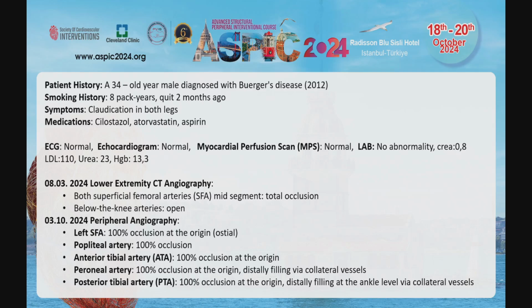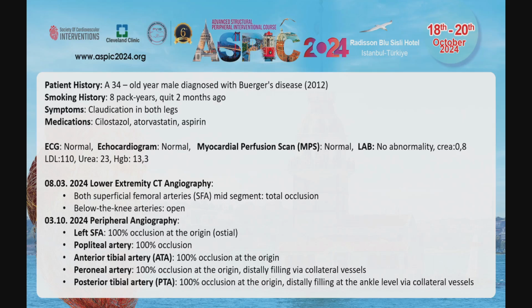He was suffering from claudication in both legs, especially the left leg. He was medicated with cilostazol, atorvastatin, and aspirin. His ECG was normal, and echocardiogram was also normal.